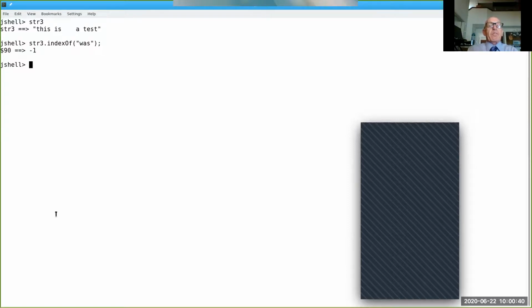It's looking for those 3 letters in that order, not for a letter W anywhere, a letter A anywhere, or a letter S anywhere. It's looking for that sequence somewhere inside the string. That's why, and in fact, string3.lastIndexOf was will also return a -1 because there isn't one anywhere inside that string.